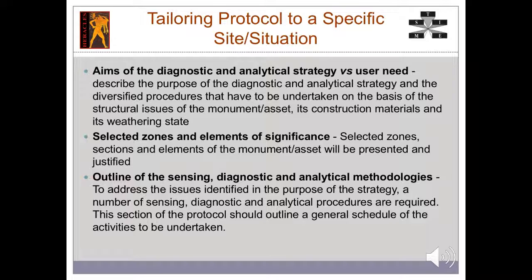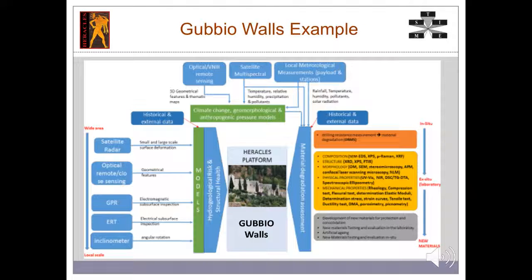of this particular project. So, for example, the Italian medieval town of Gubbio has a number of sites that were subject to analysis in the Heracles project.